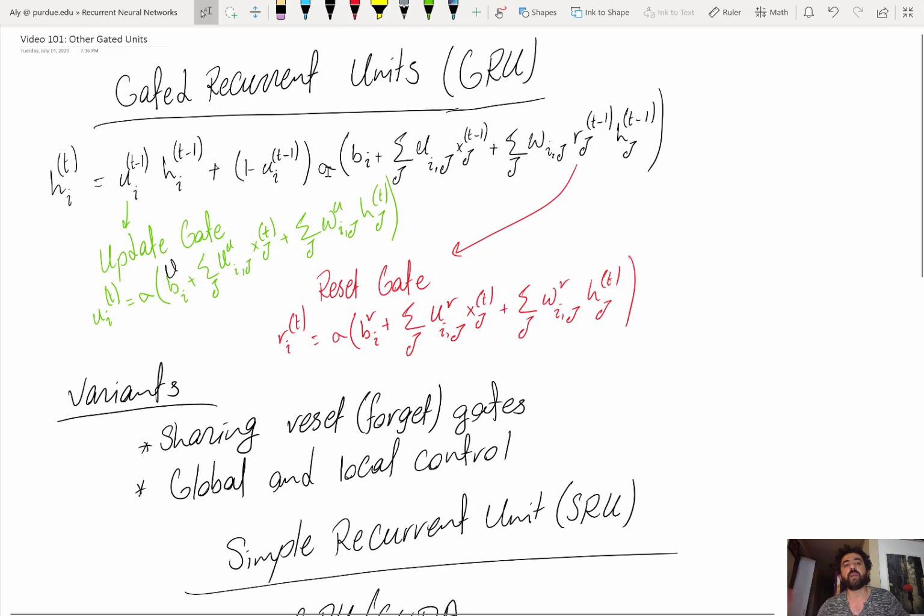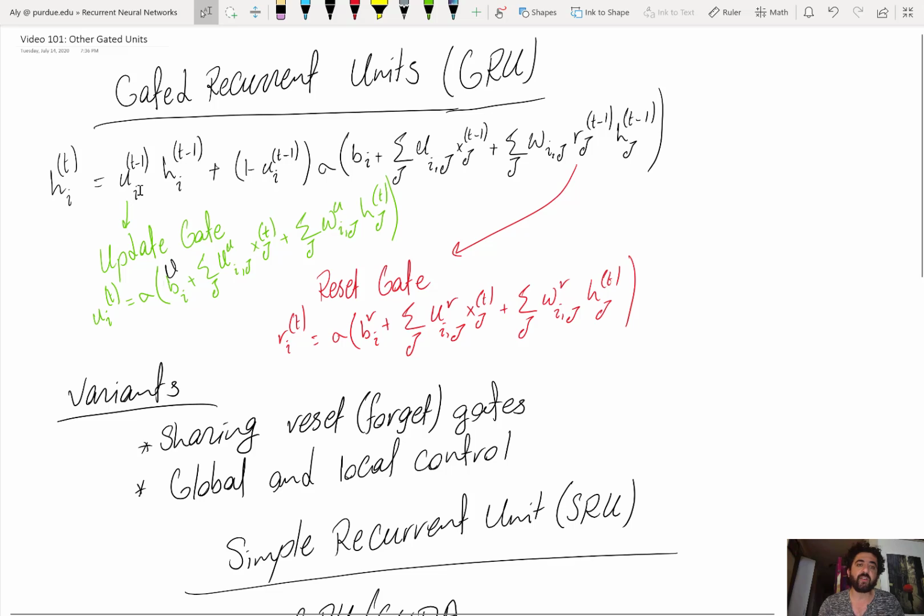Now let's go to the input nonlinearity, which is a sigmoid. There is a bias unit bi, and weights uij that are connected to the input and determine how the input affects the state, and weights wij that determine how the previous state affects the current state, right?